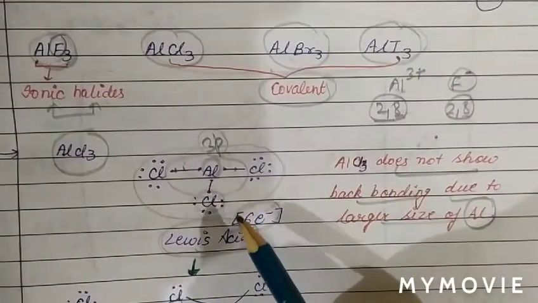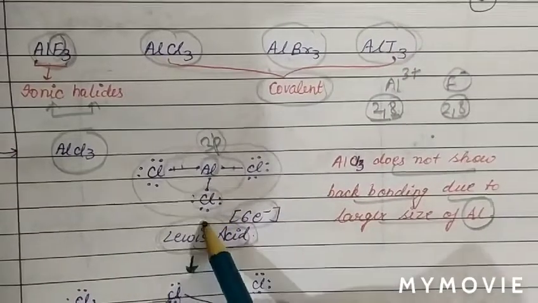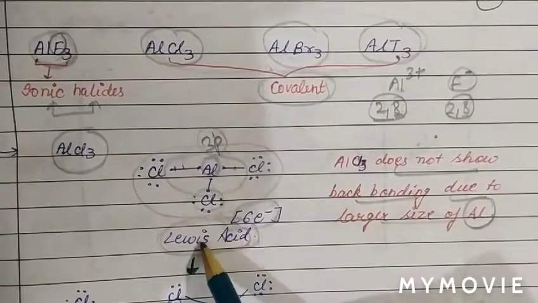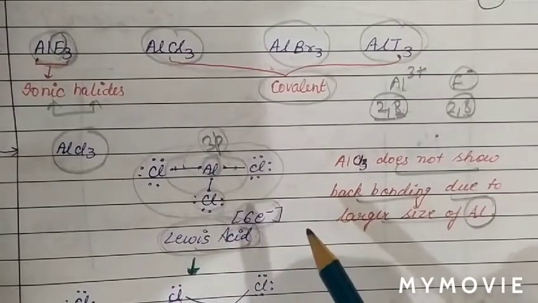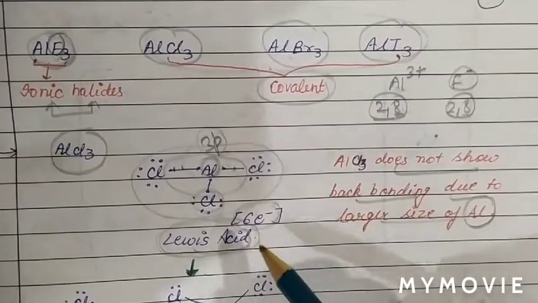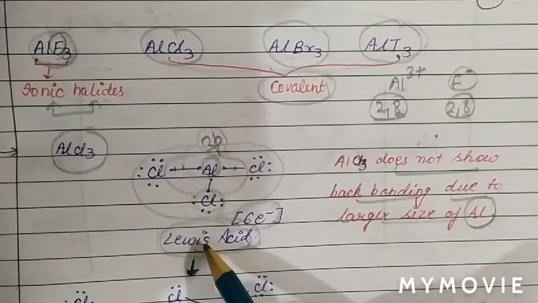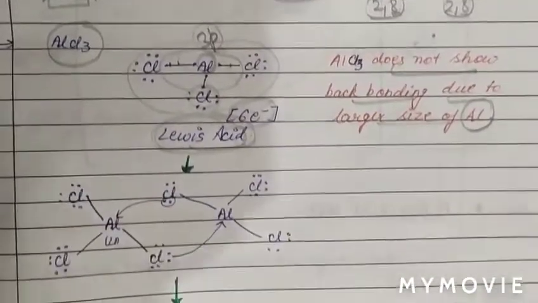AlCl3 removes its electron deficiency by forming a dimer in the vapor phase. So on forming a dimer, the electron deficiency is completed.